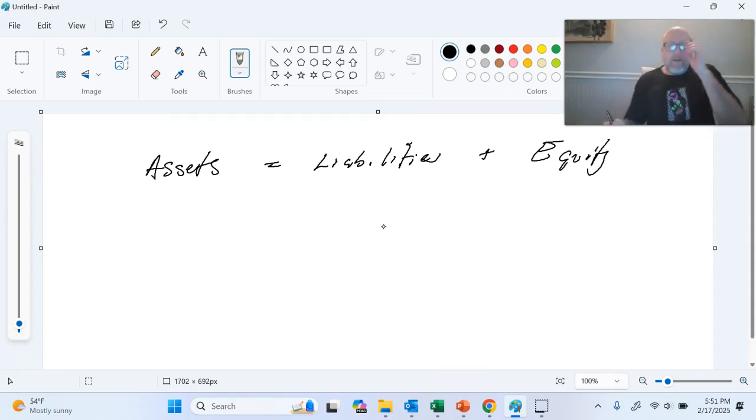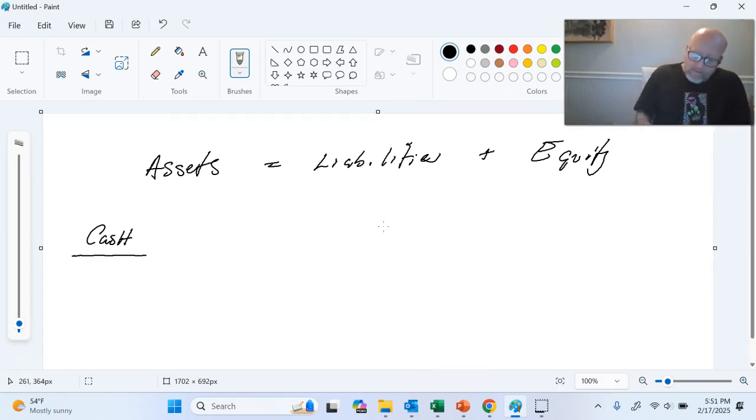When I think about all of the specific accounts, I have asset accounts, and the most common one that we were talking about last week is cash. Now if I think about the cash account, moving forward, I'm going to think of it as being a T. It's a T account, right?